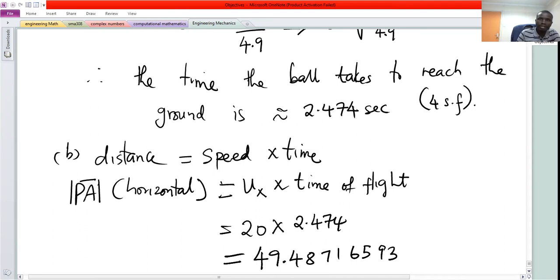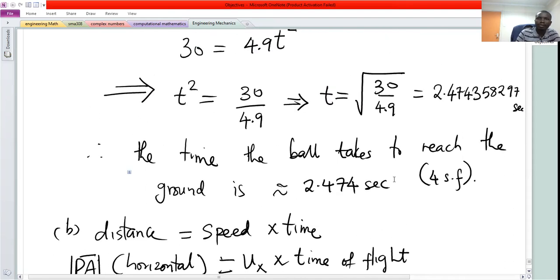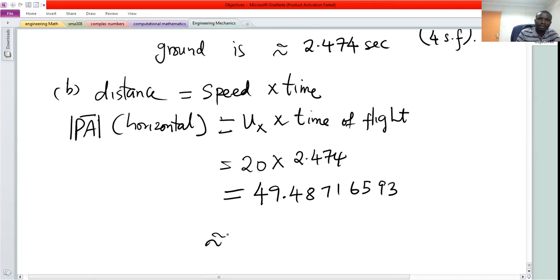Remember, I've taken this as the original value of t. So roughly the horizontal distance is 49.49 meters. So that's how we solve that problem, the distance from the bottom of the building to where the ball hits the ground. Thank you.